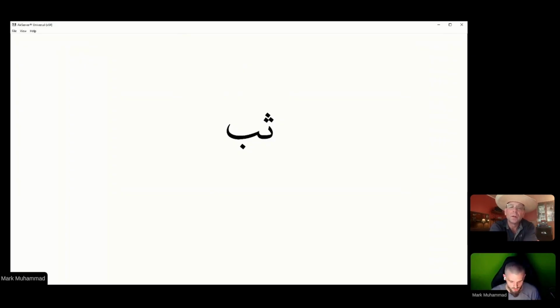Okay. So what happens is if we take the letter tha and we put this line above it, can you see that? Yes, I can. This will tell us that we're going to make an a sound. So we're going to read it tha. Yes.